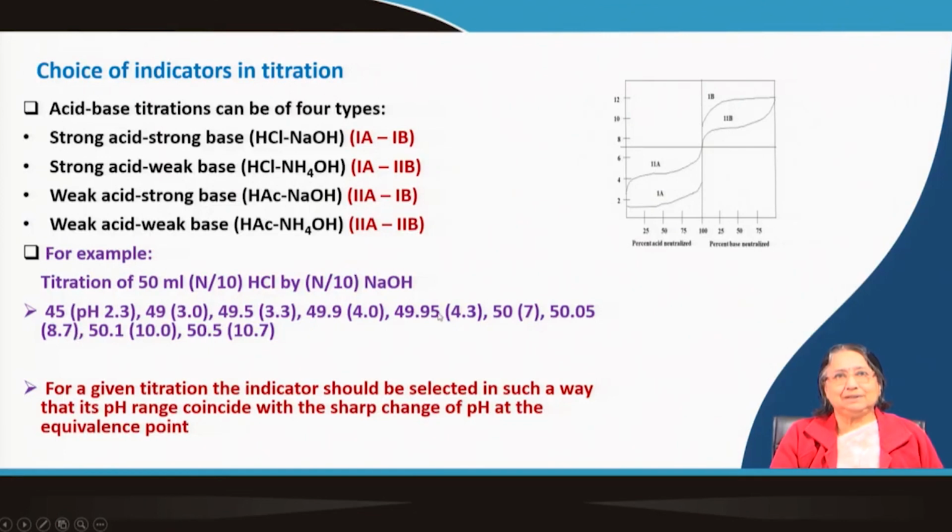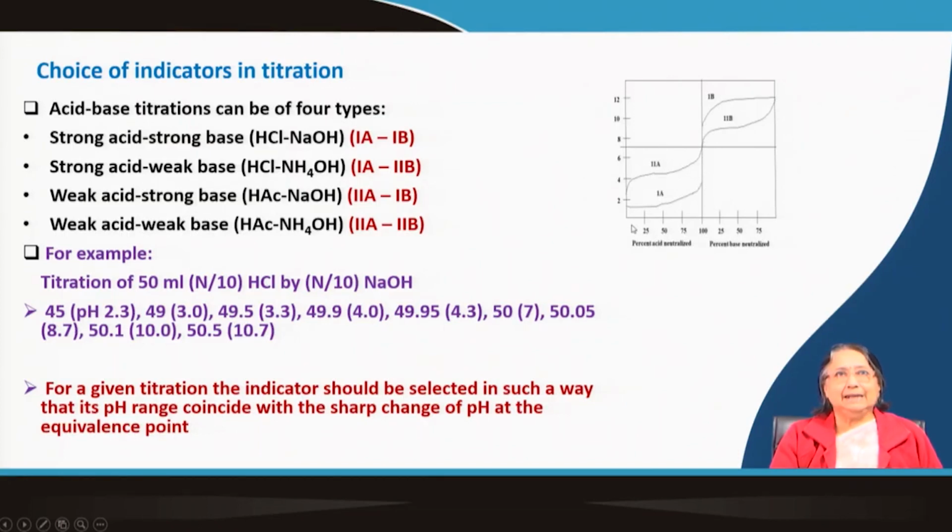Just 2 drops addition, and it is changing so much. That means there is a huge jump, and this has been shown by this curve 1A 1B. So, this is 1A and this is 1B, okay. Here to here, huge jump.